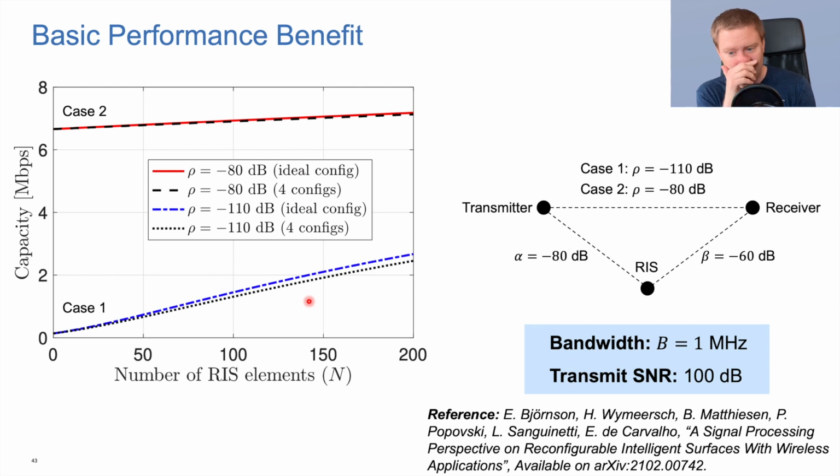Why is that? Well, if we are adding up many paths, each of them can have a random, any phase in the complex plane. Then with just 4 configurations, we can move all of these contributions into the same quarter of the complex plane, which means that they will be pointing in roughly the same direction.